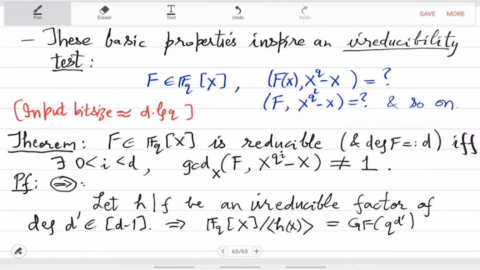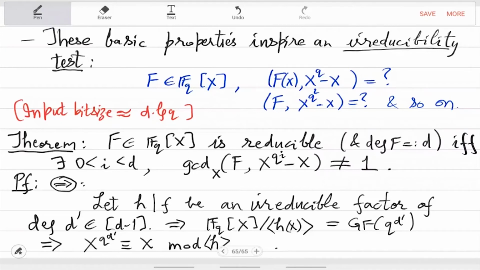Now you use the FLT or Frobenius action identity. That will give you x to the q to the d prime is the same as x mod h. Right, h will divide x to the q to the d prime minus x, in other words.